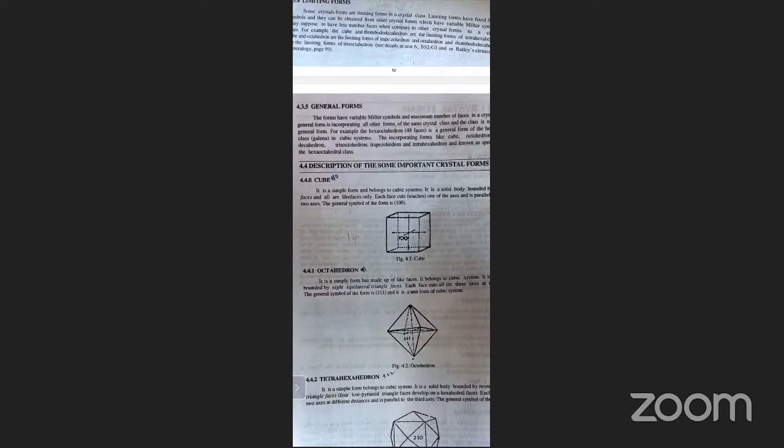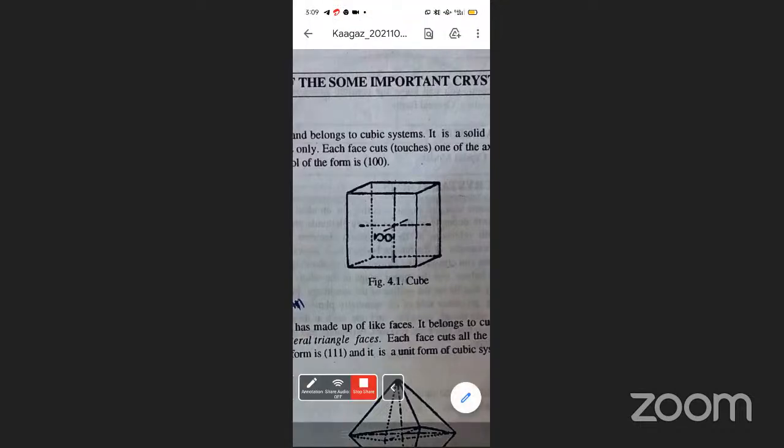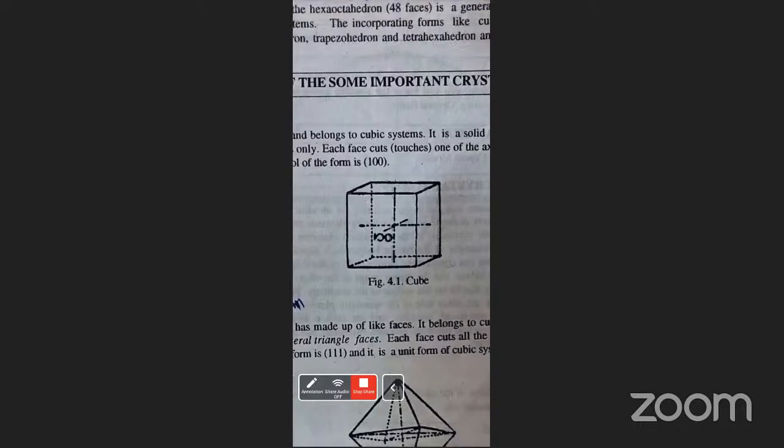The 3 axes pass through the centers. You see here, the 3 axes pass through the centers of the faces, and these are called the cubic axes.